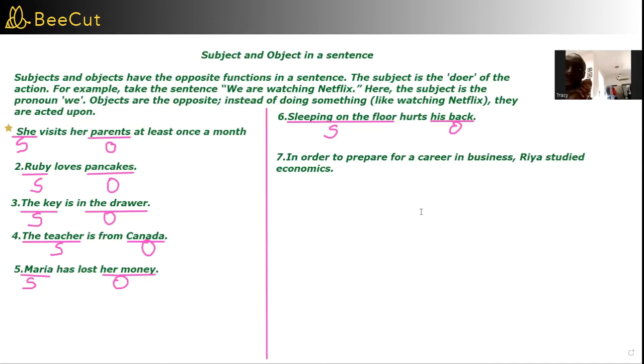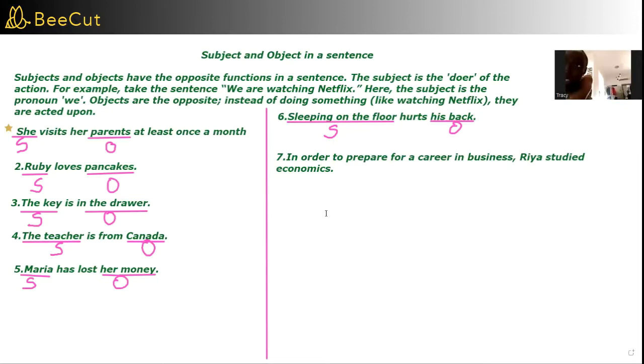In order to prepare for a career in economics. Career in economics. Okay, is career in economics the subject? In order to prepare for a career in economics. Yeah, career in economics is the subject.